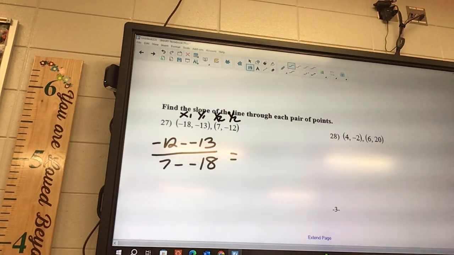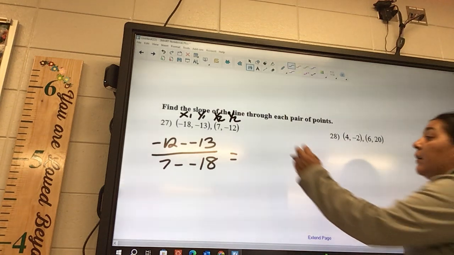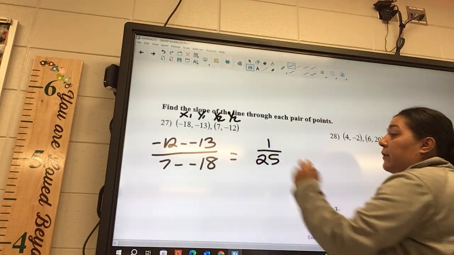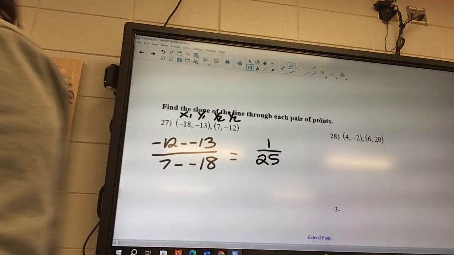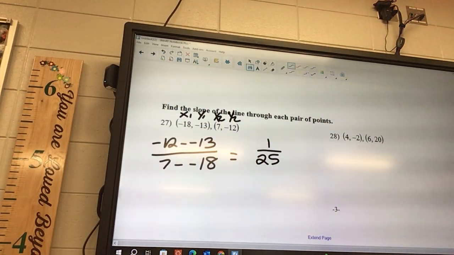One over 11? Somebody agree? What'd you get? 1 over 31? 25? What'd you get? 1 over 25? So Harrison, use your calculator. Oh, well then you must have missed the negative somewhere. We got 5 left.